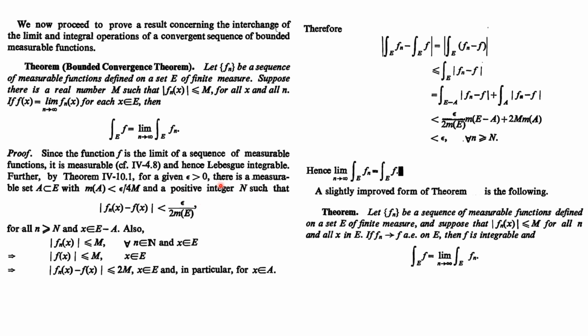Then there exists a positive integer N such that |fn(x) - f(x)| is less than epsilon for all n greater than or equal to N on E minus A.